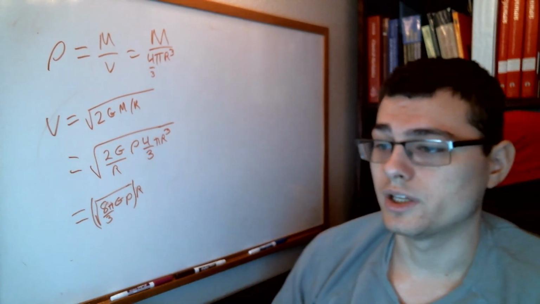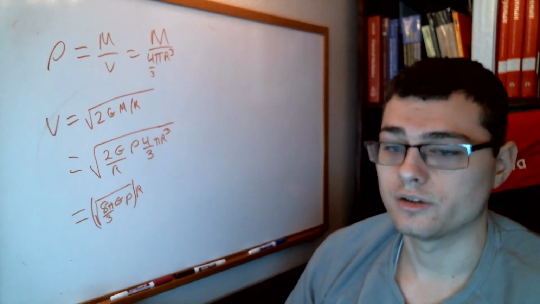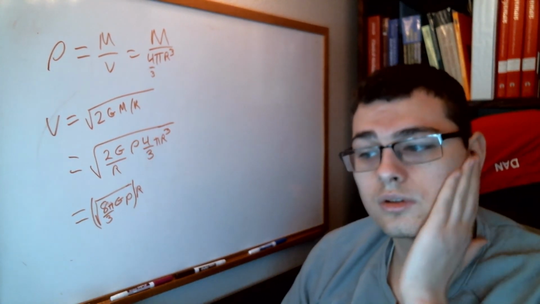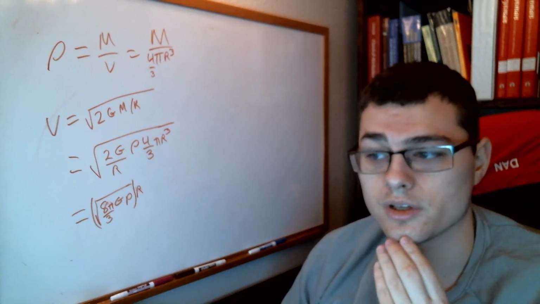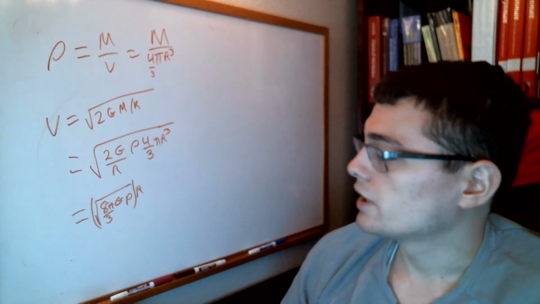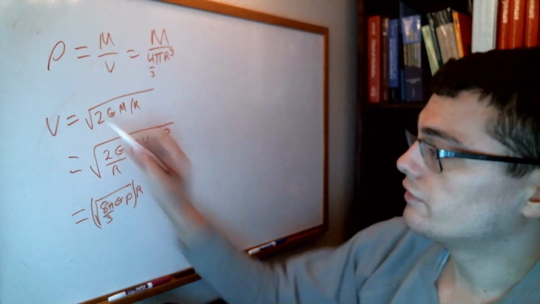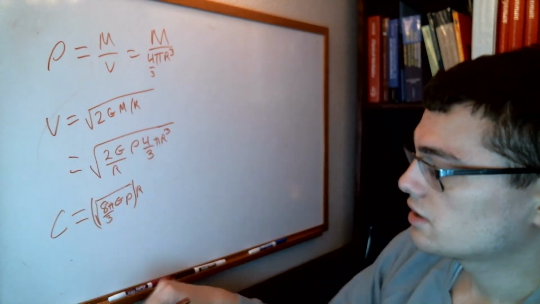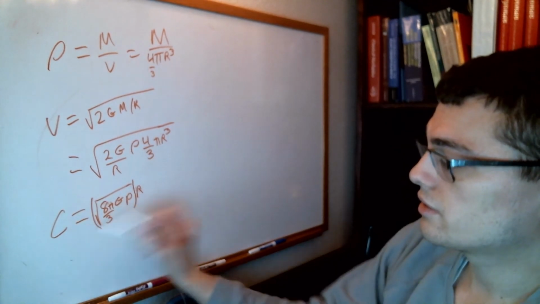So what we're going to end up doing is finding the critical radius of these black holes, or these entities. If we set v now equal to c, then we can see that we don't need an infinitely massive object.